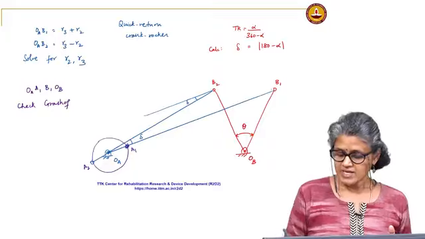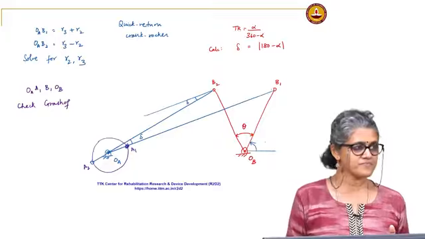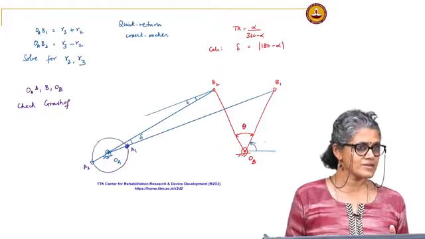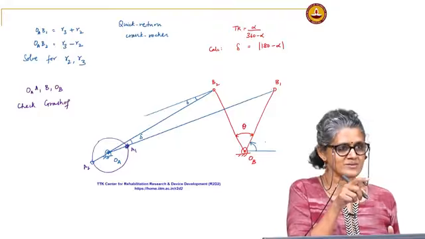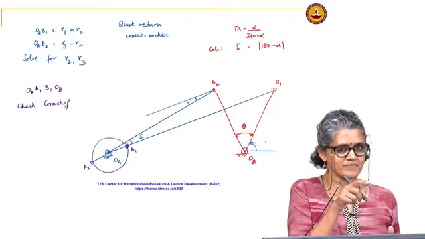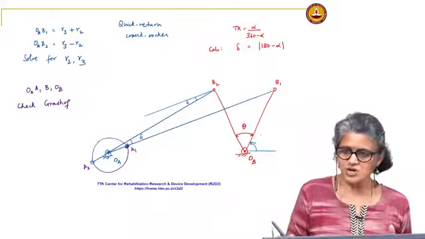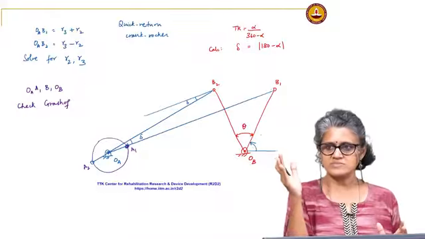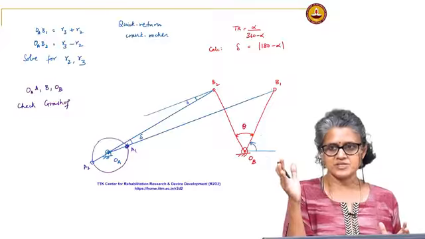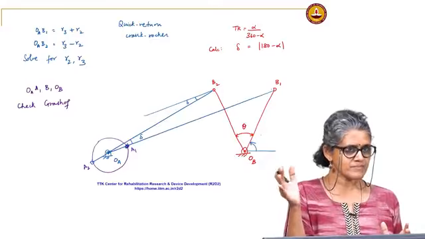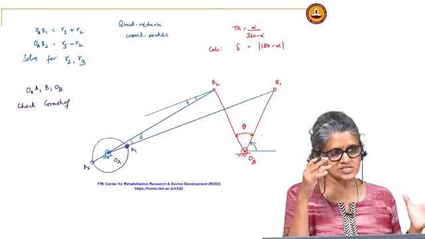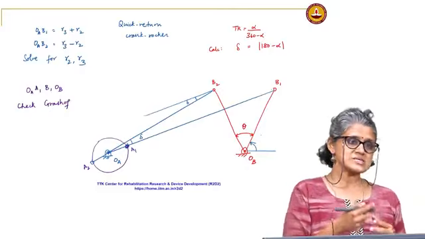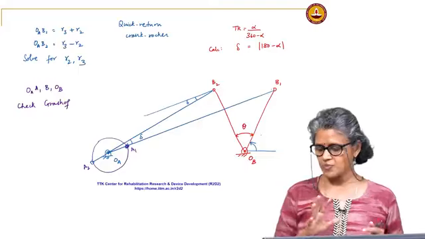So, if this gets fixed, then again I do not have that same flexibility. Only if this is not fixed, then I can reorient the linkage and still get the same travel. The change in the angle is okay, that does not change when you scale the linkage up or down.